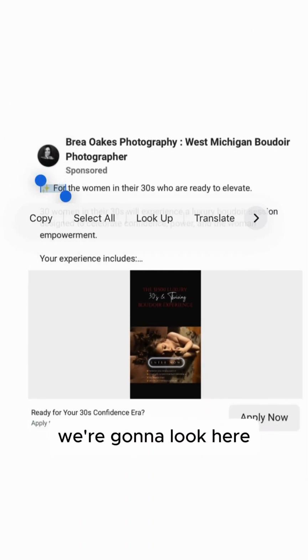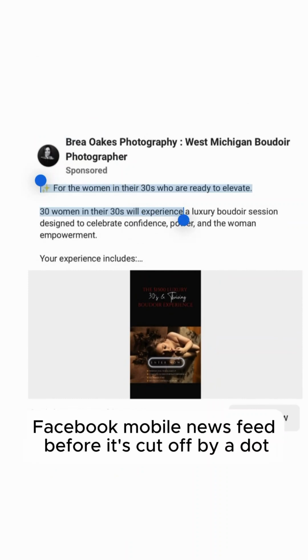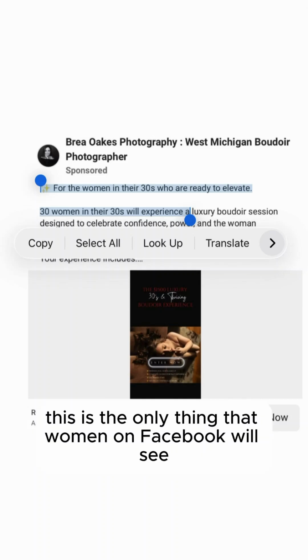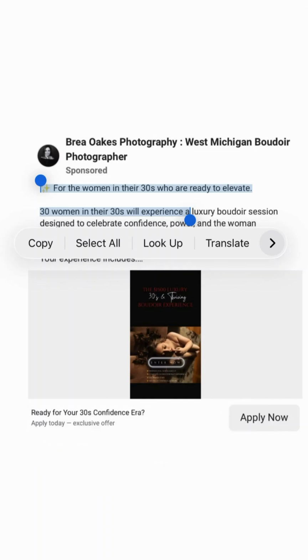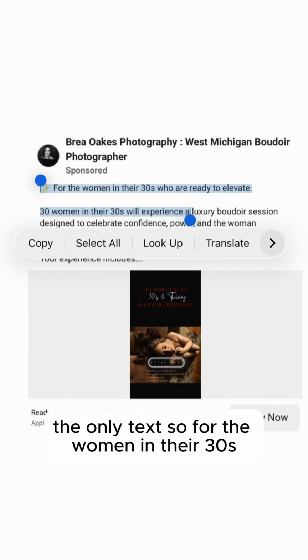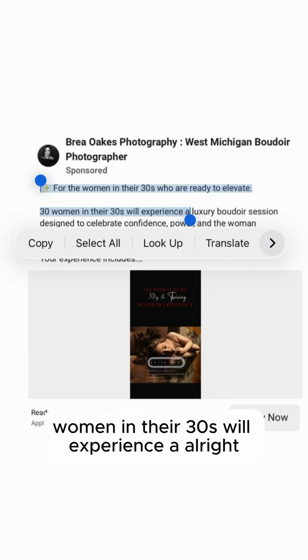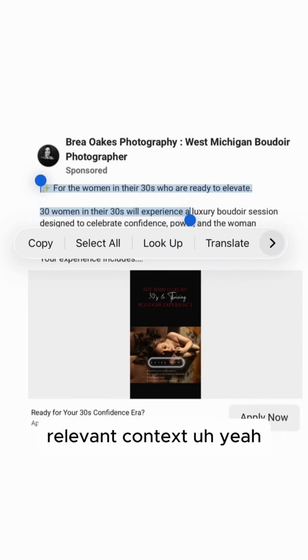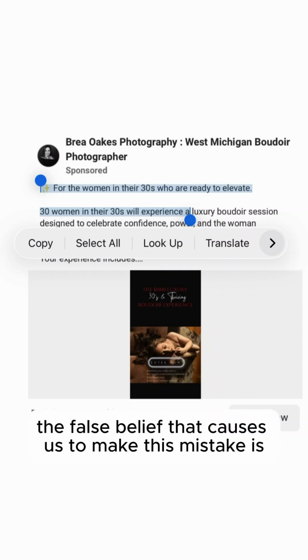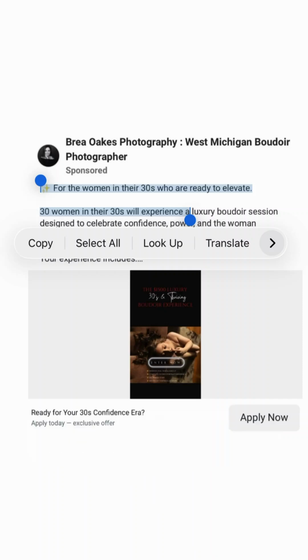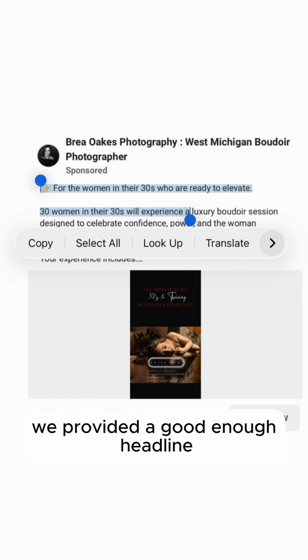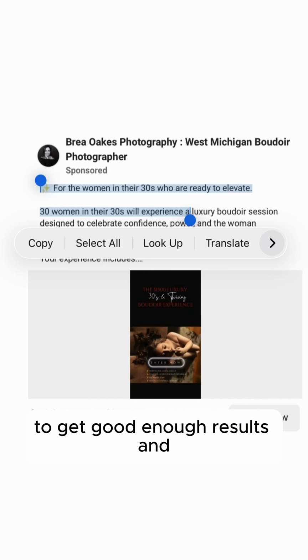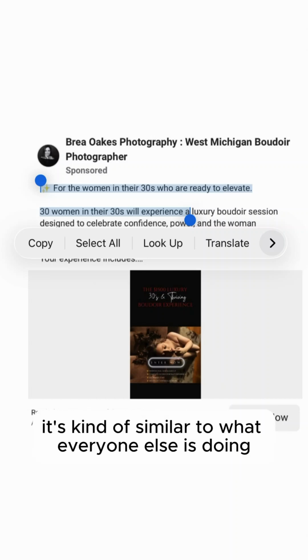Finally, we're going to look here. See more headline, first 2 3/4 lines in the Facebook mobile newsfeed before it's cut off by a "See more." This is the only thing that women on Facebook will see. The only text. So, "For the women in their 30s who are ready to elevate, 30 women in their 30s will experience A." All right, so we've got like 2 points of relevant context here. Yeah, this is the lack of context mistake. The false belief that causes us to make this mistake is we believe we provide a good enough headline to get good enough results, and it's similar to what everyone else is doing.